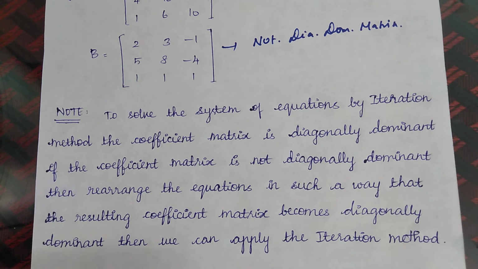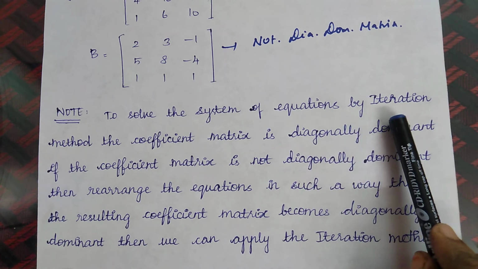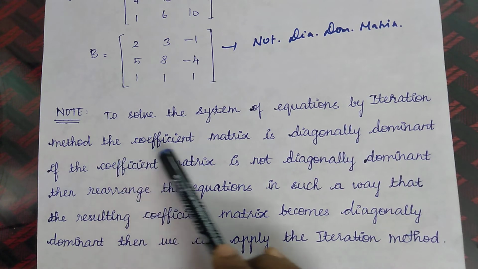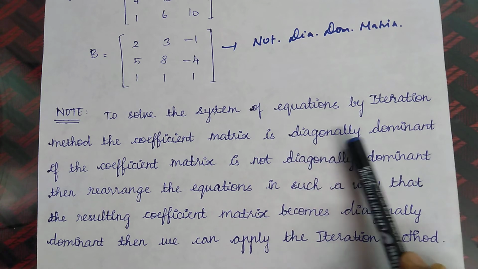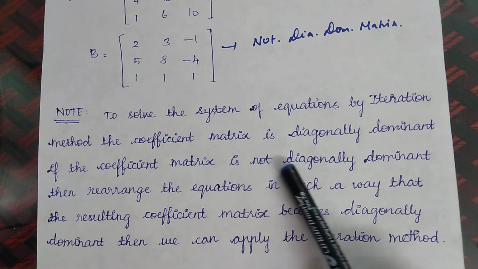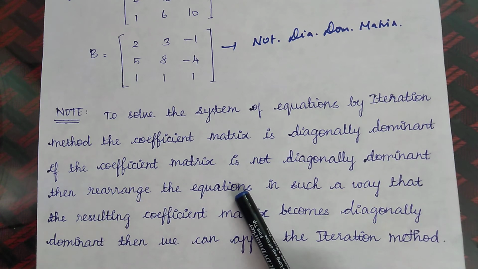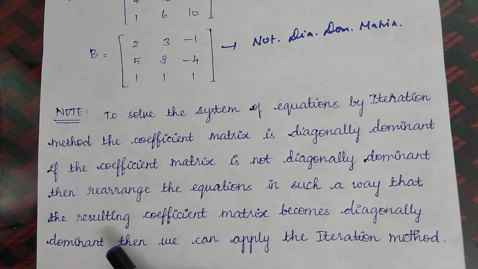Look at the note. What does the note say? The note says that to solve the system of equations by the iteration method, the coefficient matrix should be diagonally dominant. If the coefficient matrix is not diagonally dominant, then rearrange the equations in such a way that the resulting coefficient matrix becomes diagonally dominant. Then we can apply the iteration method.